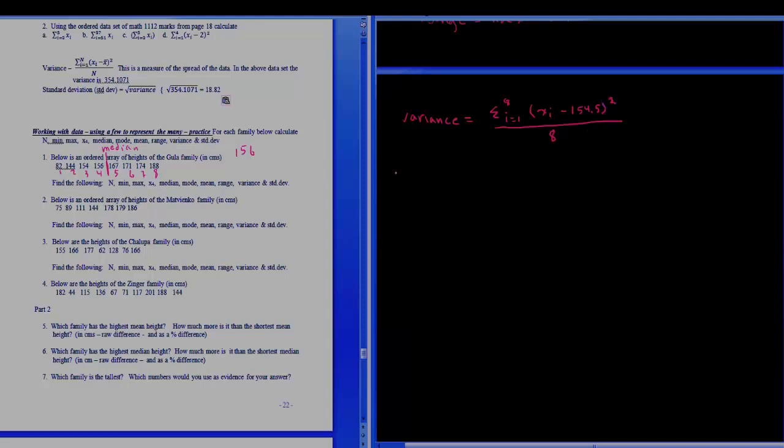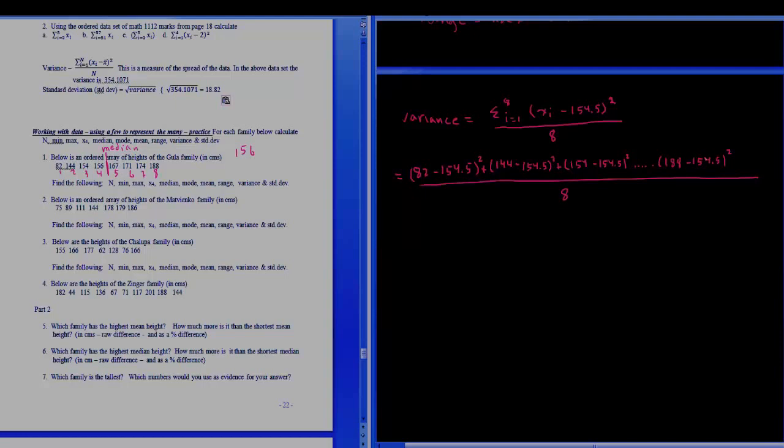So we're going to have 8 separate values, 8 separate differences. We're going to square each one, and we're going to divide by 8. So let's go through that. The first one is going to be 82 minus 154.5 all squared, plus the second one, 144 minus 154.5 squared, plus 154 minus 154.5 squared, and we're going to go all the way to 188 minus 154.5 squared, all divided by 8.